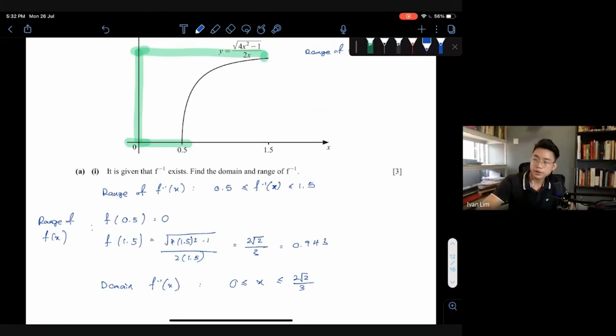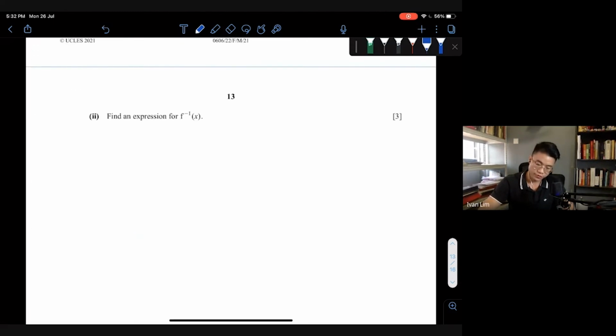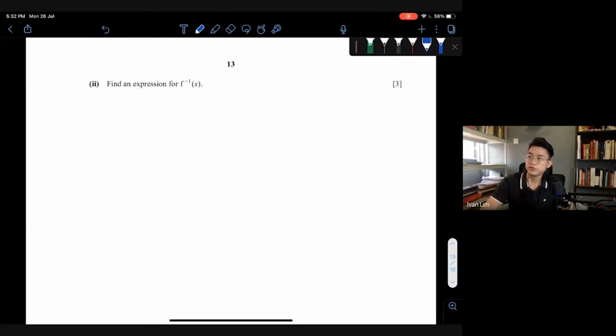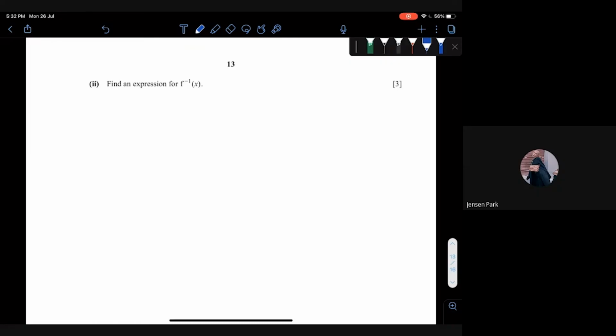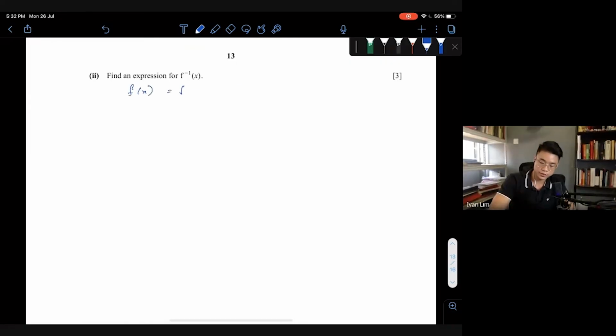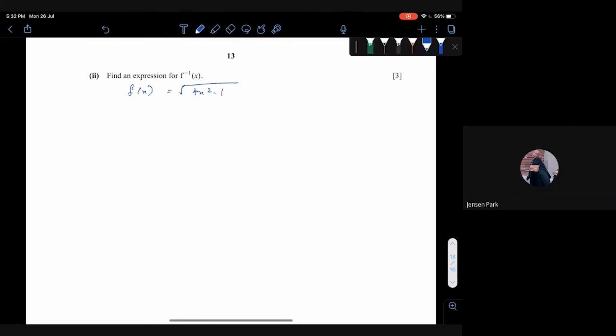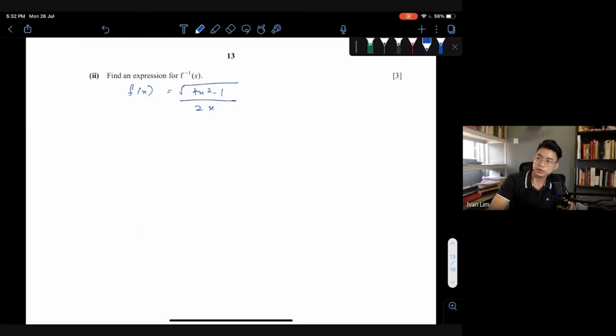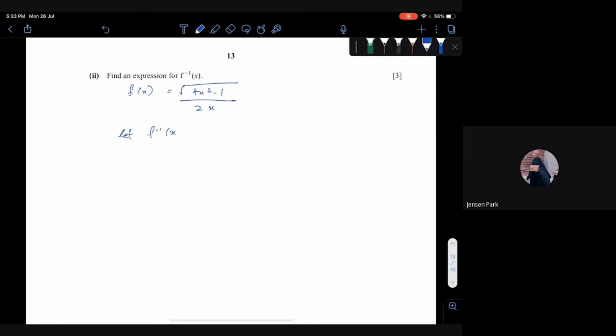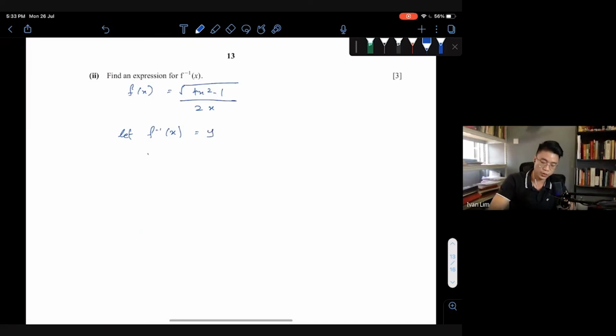Okay, next one. Find an expression for f inverse x. You let your y equals f(x). So f(x) was 4x squared minus 1 over 2x. The first statement I asked you all to always write: let f inverse x equals y.